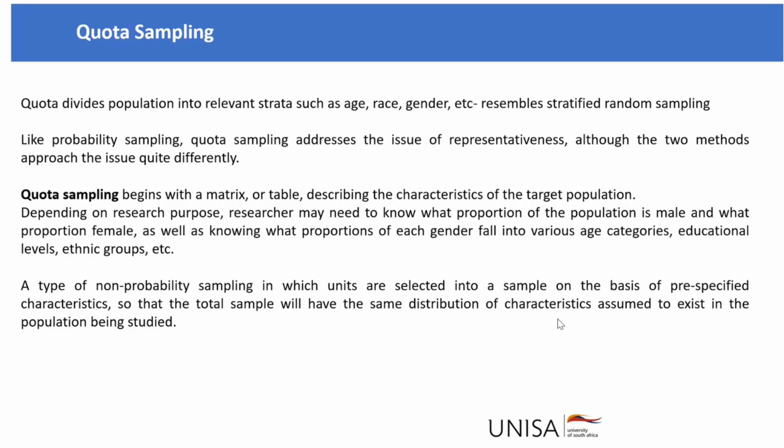You take the characteristics of the total population, and then you select the sample from there. Then the total sample will have the same distribution of characteristics that exist in the population you are studying.